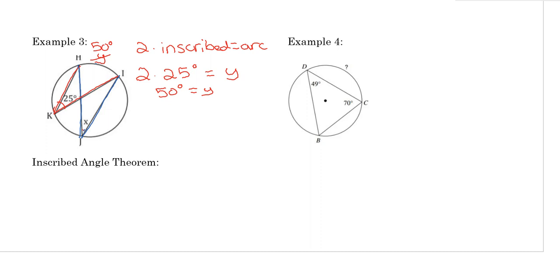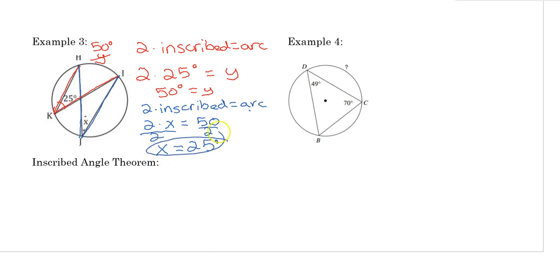So again, 2 times inscribed equals the arc. Now my inscribed is x, and 2x equals my arc, which is 50. If I divide that by 2, then x equals 25.